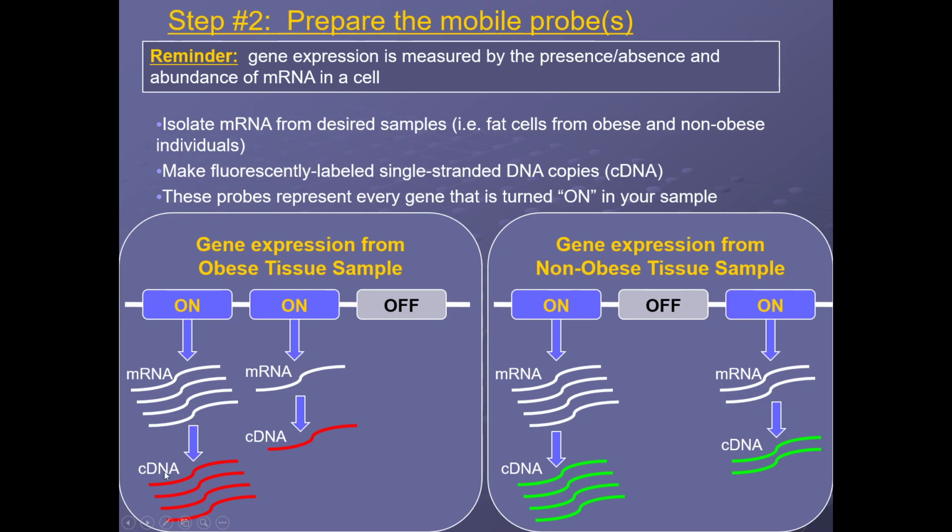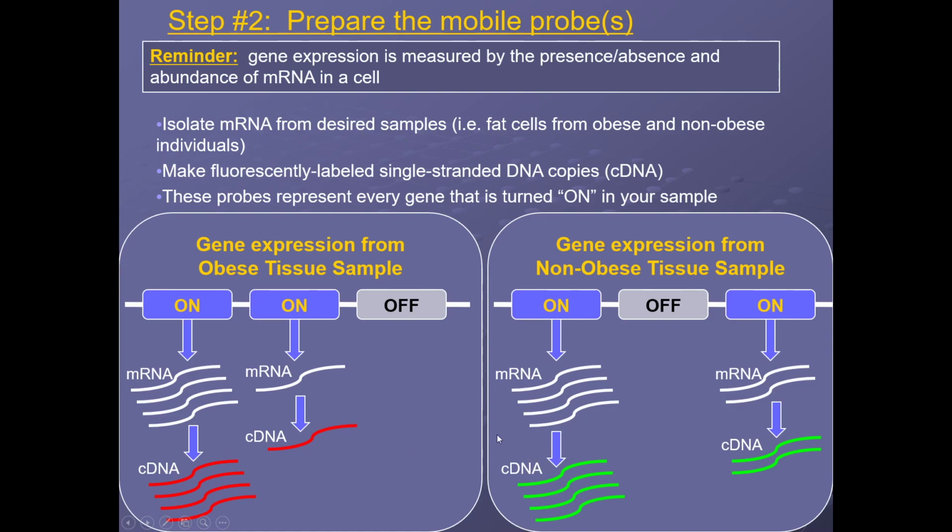So once your cDNA is being created, remember what the cDNA is: complementary DNA synthesized based on the mRNA sequence using the reverse transcriptase enzyme. Remember those. And once you have these cDNA molecules synthesized, you make them single-stranded, and you also fluorescently label them with these Cy5 and Cy3 probes.